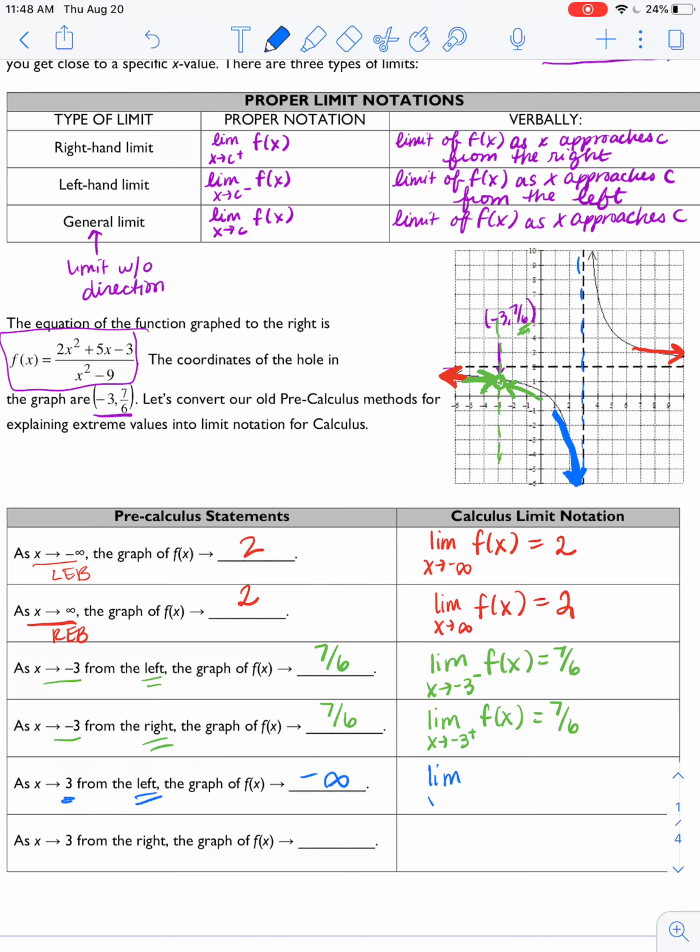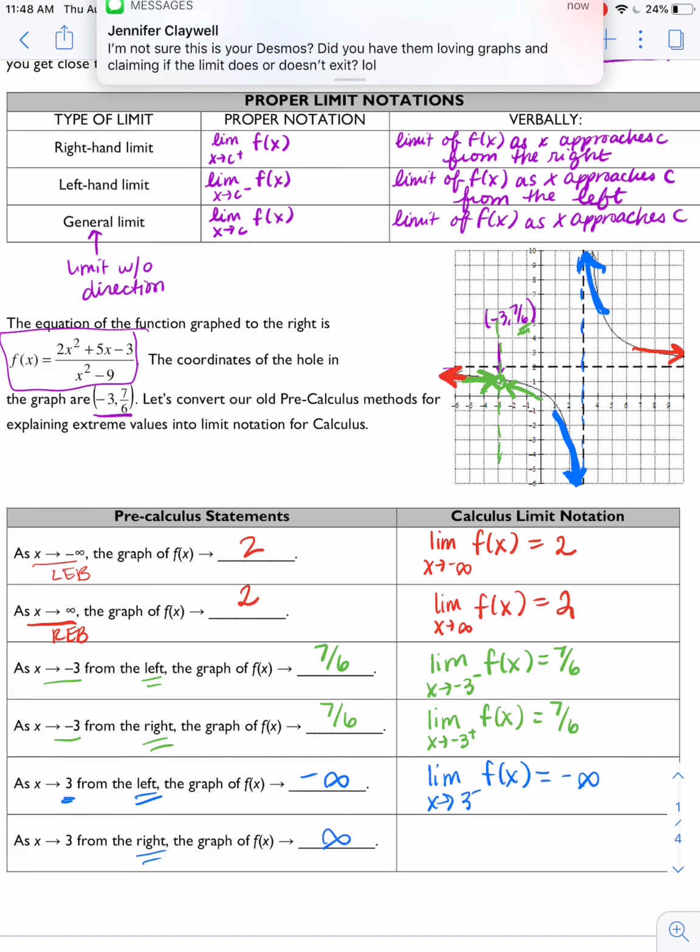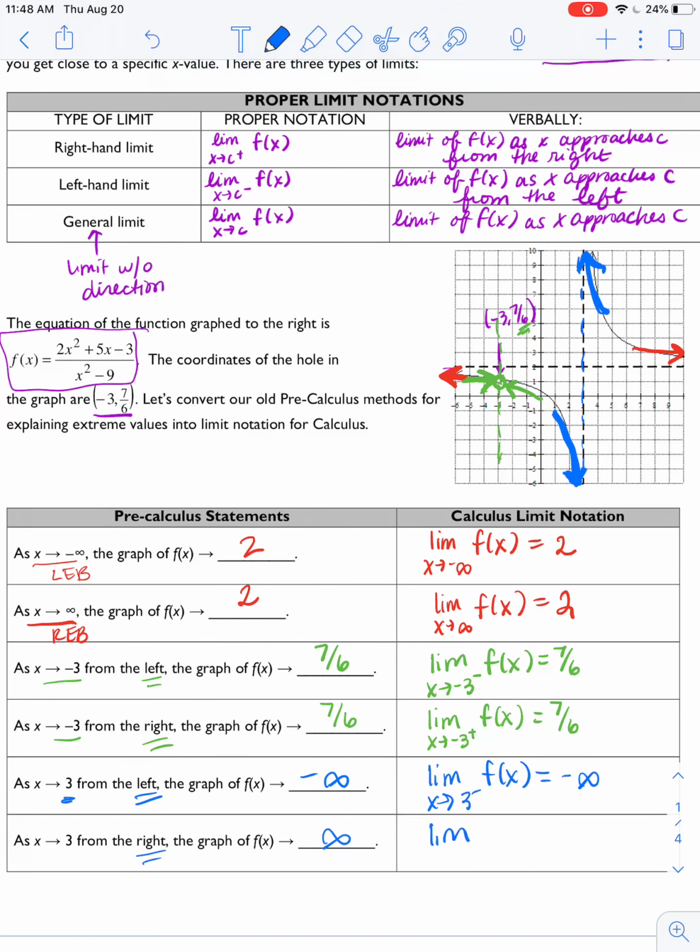So the limit as x approaches 3 from the left of f of x equals -infinity. As x approaches 3 from the right, I can see that that right piece of the graph, as I get closer and closer to the asymptote, is moving up towards positive infinity. So my limit as x approaches 3 from the right of f of x equals positive infinity.